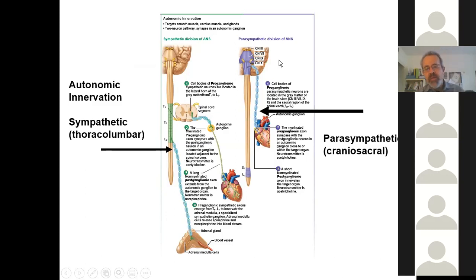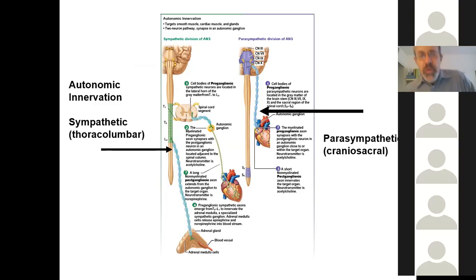With the parasympathetic, the nerves originate from the sacral region, S1, S2 to S4, and also the cranial nerves 3, 7, 9, and 10. So you can see there's a distinct mapping difference of where those nerves originate from. So that's the first key difference.